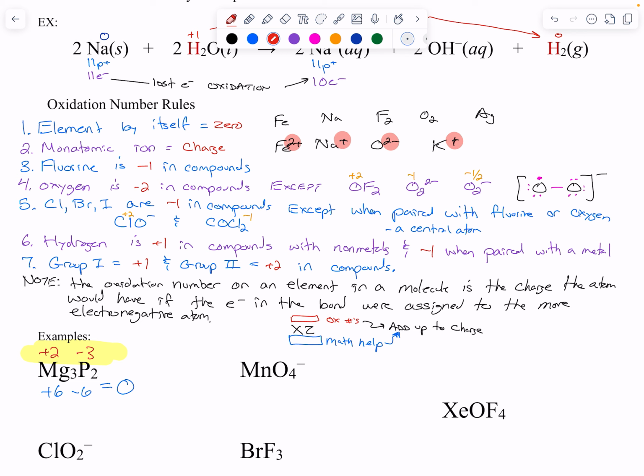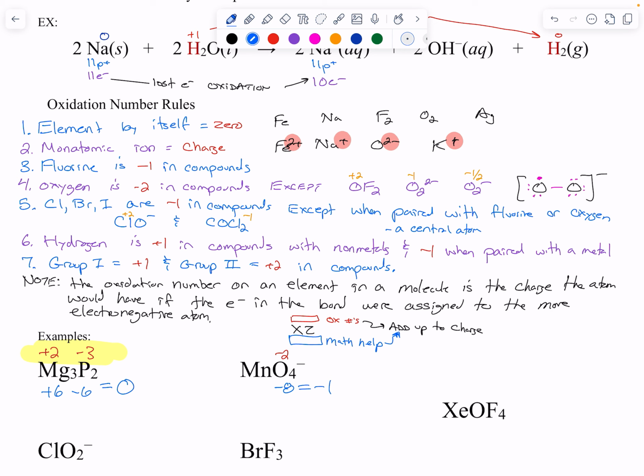Now let's look at the next one. Permanganate. We know it equals -1 because that's the charge. All right, element by itself, no. Monatomic ion, no. Fluorine, no. Oxygen, yes. Oxygen is -2. And there are 4 oxygens, so 2 times 4, -8. So what has to go underneath manganese?